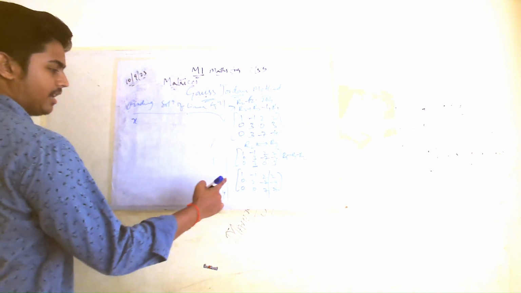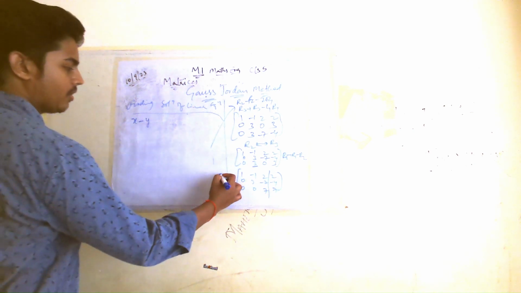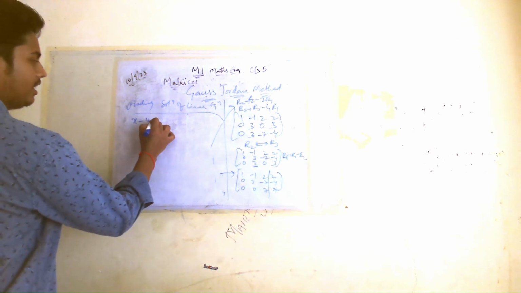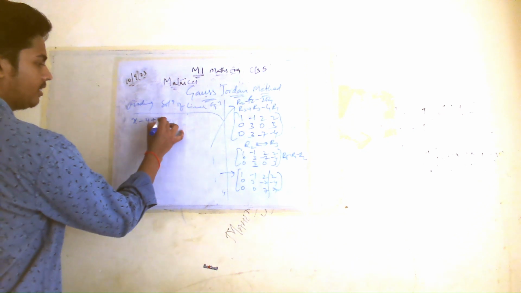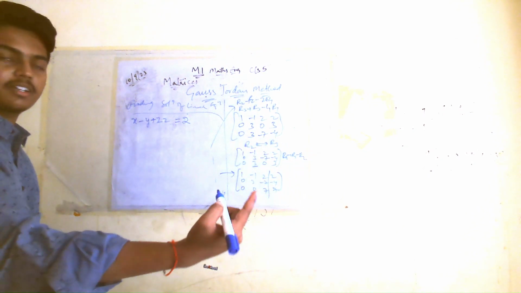For this matrix we can write it as x into coefficient 1, minus y into coefficient of y, for the first row, plus z into 2 is 2z, is equal to 2. The leftover part is on the RHS.